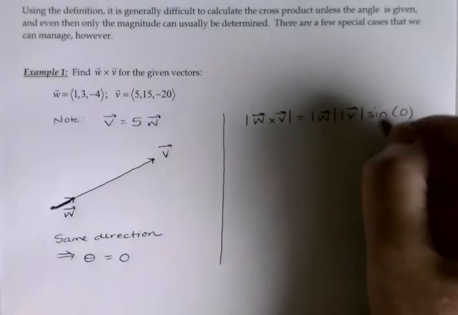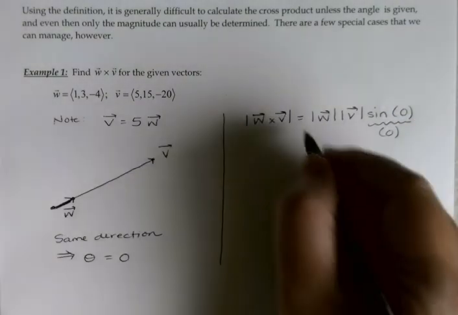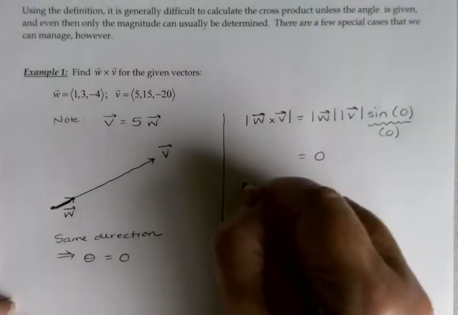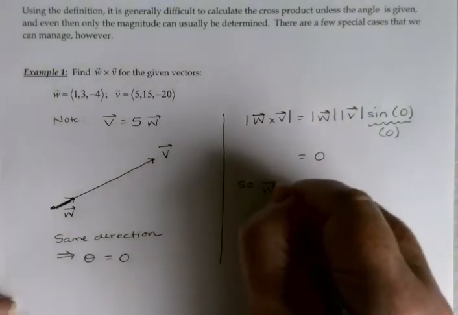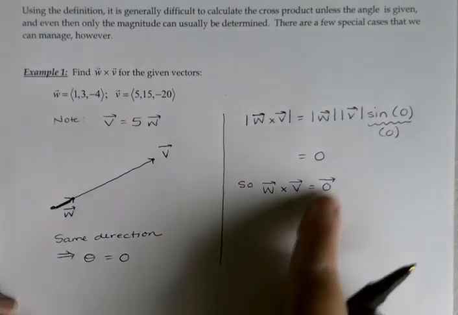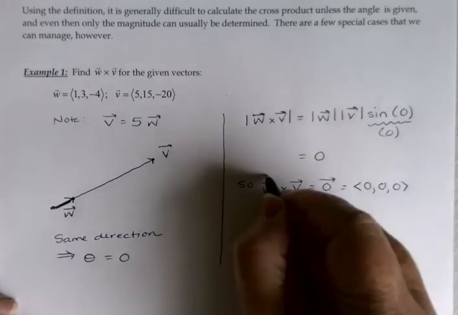But since the sine of 0 is equal to 0, that means that this whole product becomes 0. Well, if I've got a vector with magnitude 0, it has to be the 0 vector. Zero vector, or in 3 dimensions, we could just write it as 0, 0, 0.